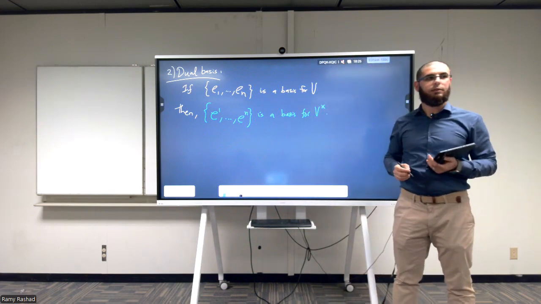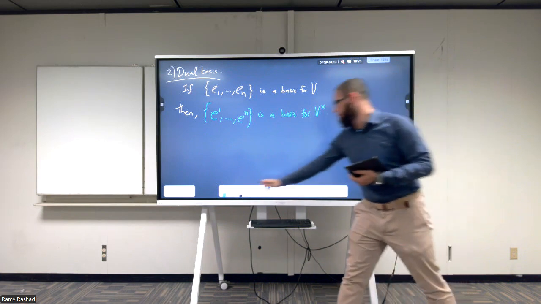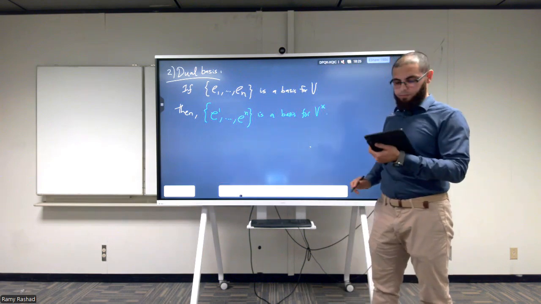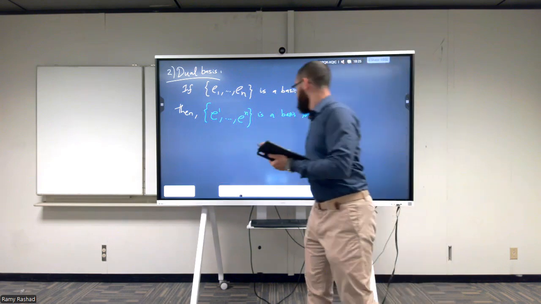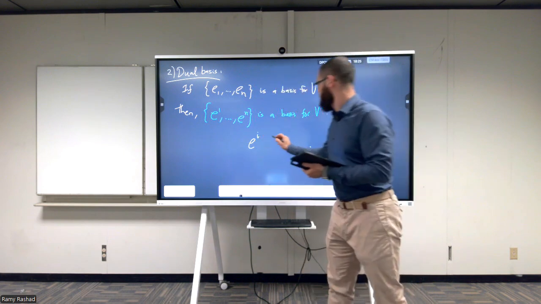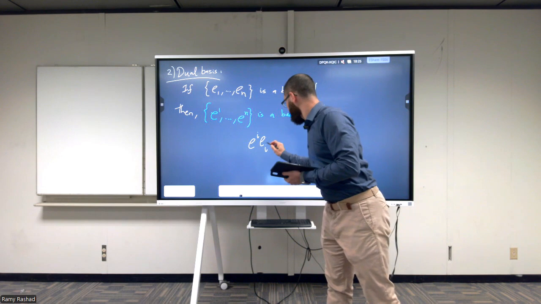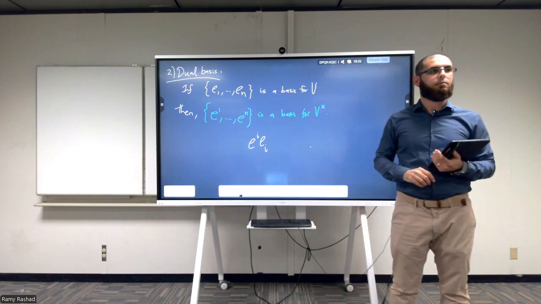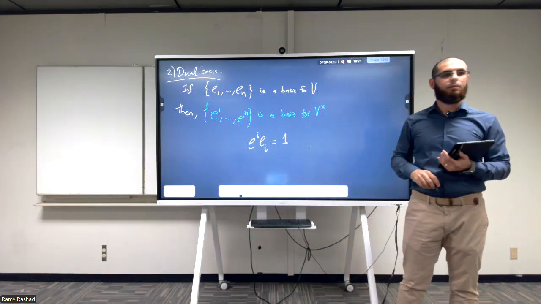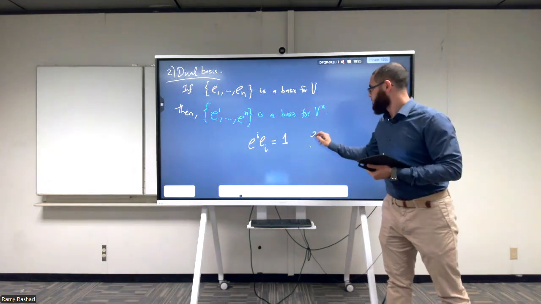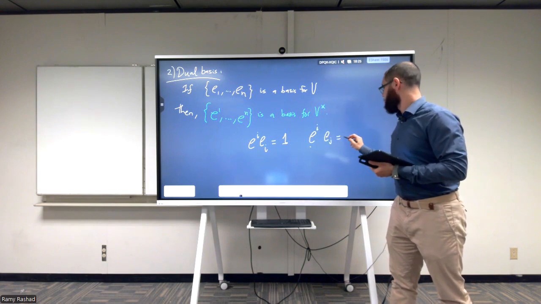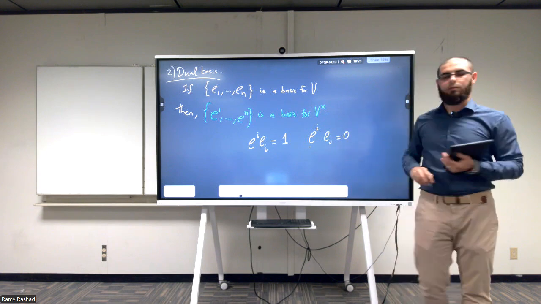Of course, they definitely need to be in a relationship. What is this relation? The condition is that E^i(E_i) should be equal to 1, and E^i(E_j) should be equal to 0.